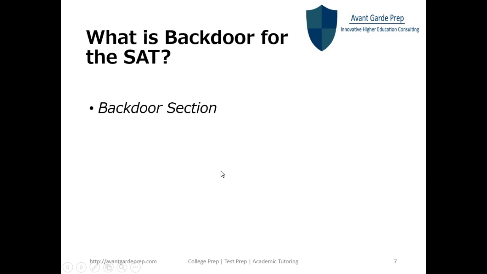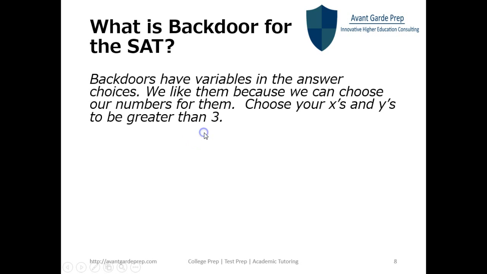Alright, the next section is backdoor. So what is backdoor on the SAT? Backdoors have variables in the answer choices. And backdoors are really easy too. In backdoors, what we basically do is we choose our variables. They'll have x's and y's in the equation, and they'll have x's and y's in the answer choices, so they're really easy to identify.